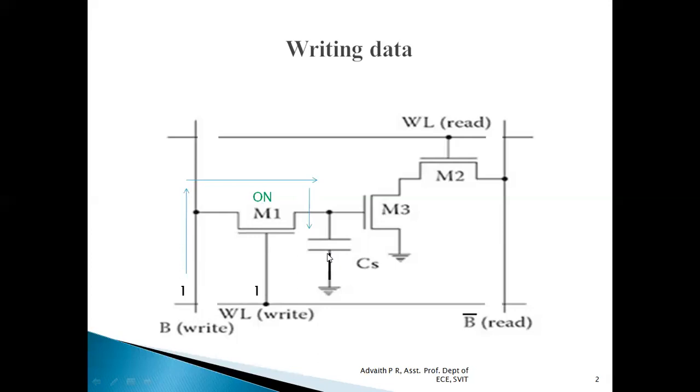Similarly, if we want to write logic level 0, this bit line will be connected to ground. The capacitor starts to discharge at that point of time, and the capacitor will not have any charge present in it. So this is how the writing operation is performed in 3-transistor DRAM.